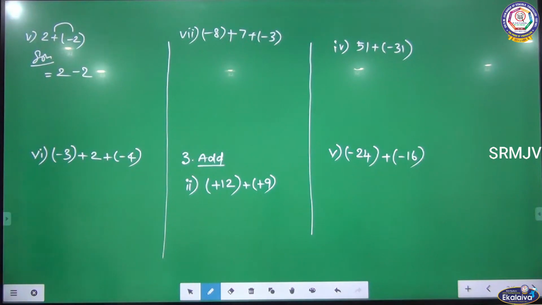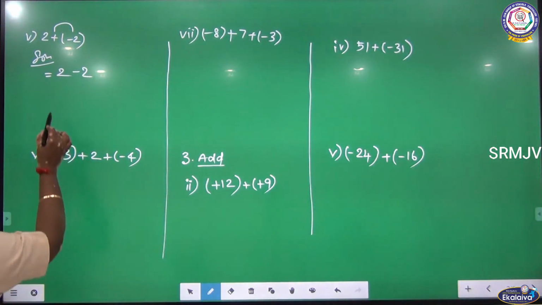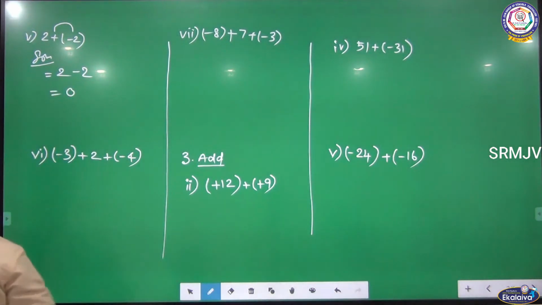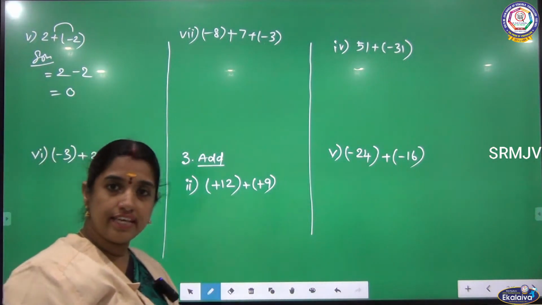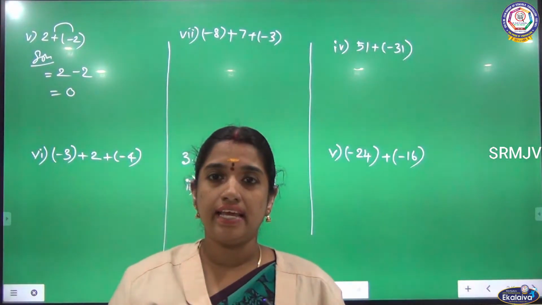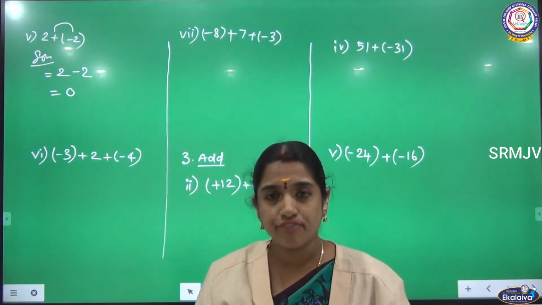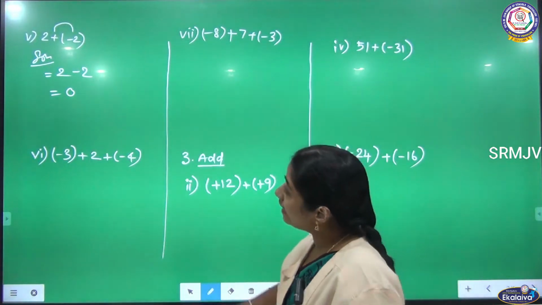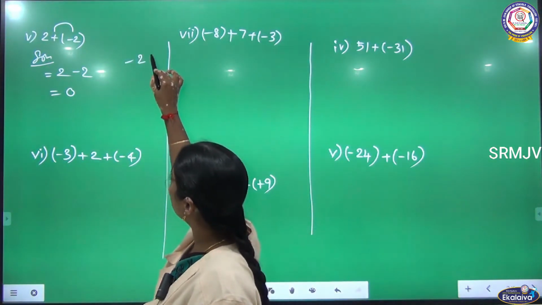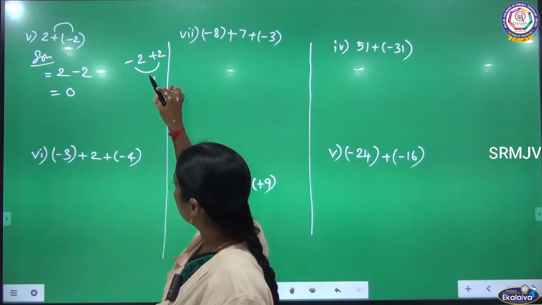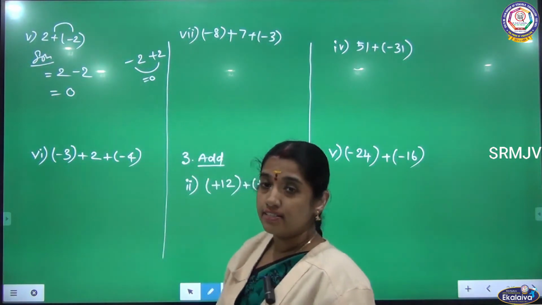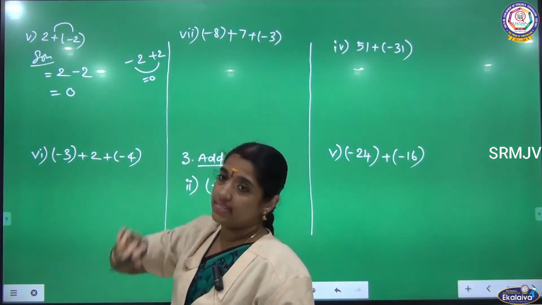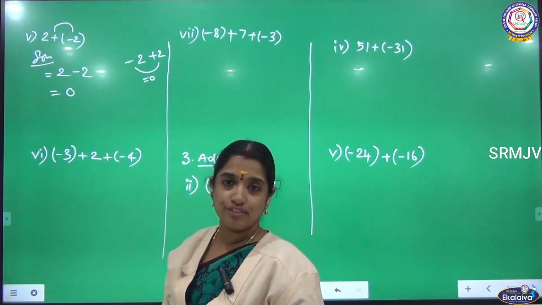See, listen, if the negative integer and the positive integer are same, when I am adding, I get the answer 0. 2 minus 2, 0. 3 minus 3, 0. 4 minus 4, 0. Or I can write minus 2 plus 2, which is 0 is the answer. See here, plus minus, alternate symbol, so you are going to subtract.